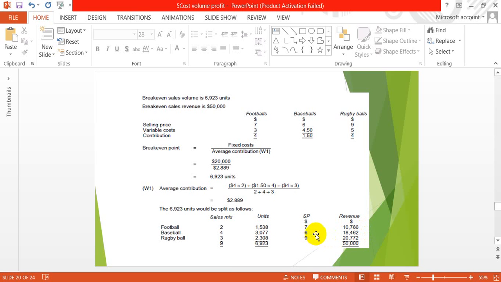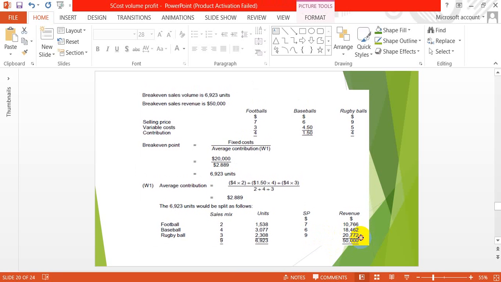You do the same thing for the baseballs, you get 18,462, and the rugby you get 20,772. When you sum those up, you get your total revenue of 50,000.